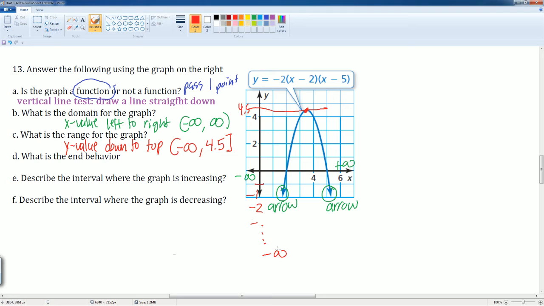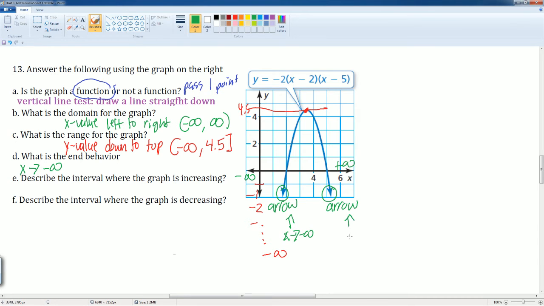Lastly, what is the end behavior? The end behavior are the arrows. For the left arrow, we write x goes to negative infinity. That's the left arrow, it's this one. And this is the x goes to positive infinity part.